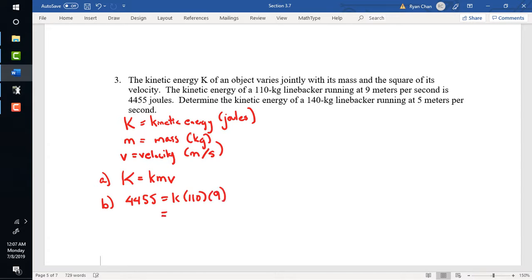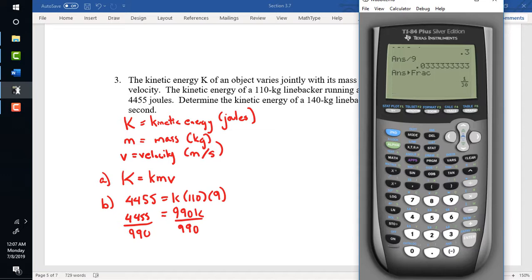Okay? So I have 990k, 4455, divide both sides by 990. Okay? So let's do this here. Okay? So I have k is equal to 4.5.